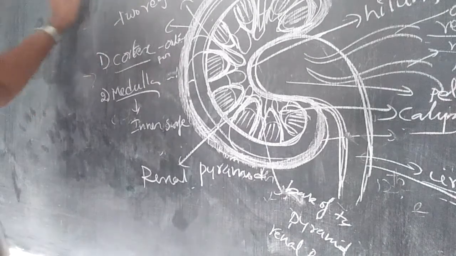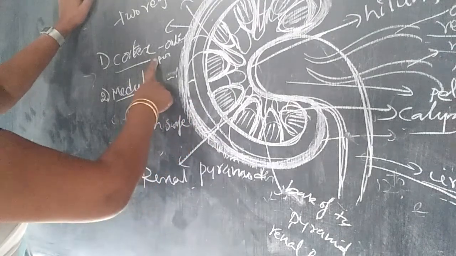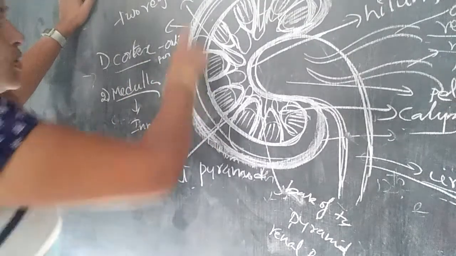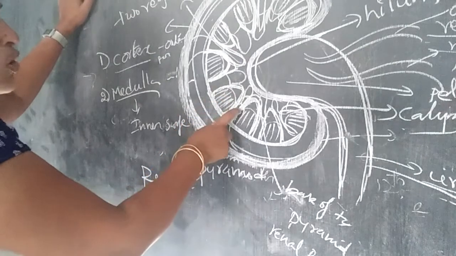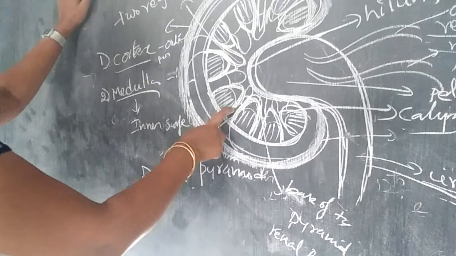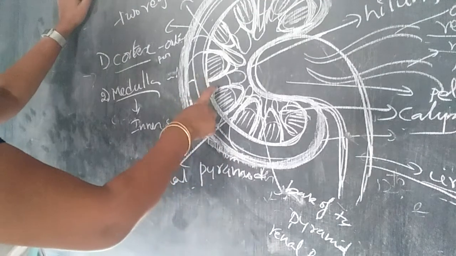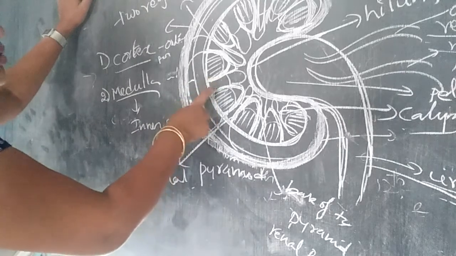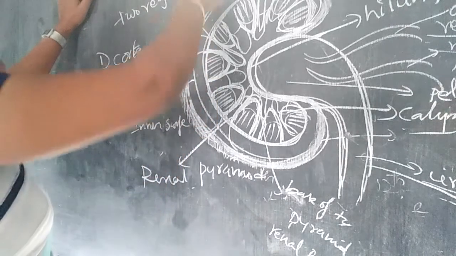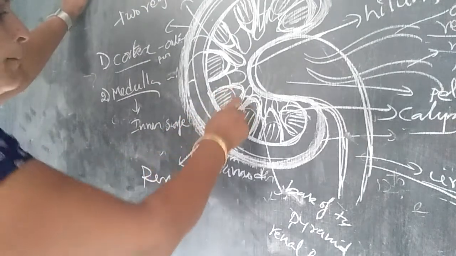First of all, the internal structure of the kidney has mainly two regions: cortex and medulla. The cortex is the outer part and the medulla is the inner part. The medulla has cone-shaped structures called renal pyramids. In between the renal pyramids, the cortex projects inward and looks like columns, called the columns of Bertin.